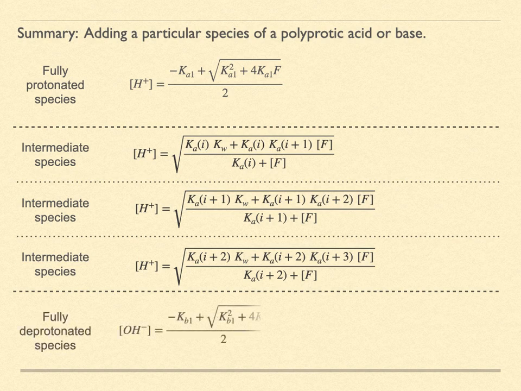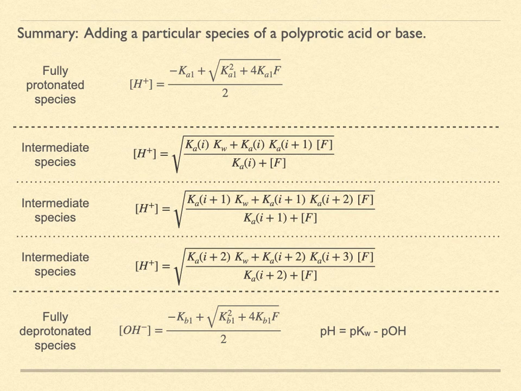Finally, the fully deprotonated form is analyzed with the quadratic expression using Kb1, which has to be found from Ka3. This gives you the hydroxide concentration, or the pOH, which can be turned back into a pH when needed. A reminder again that these equations, along with these assumptions and approximations, can be used with any polyprotic species.